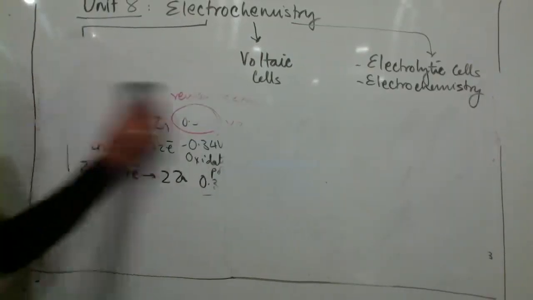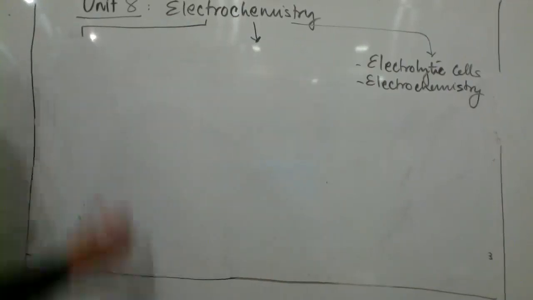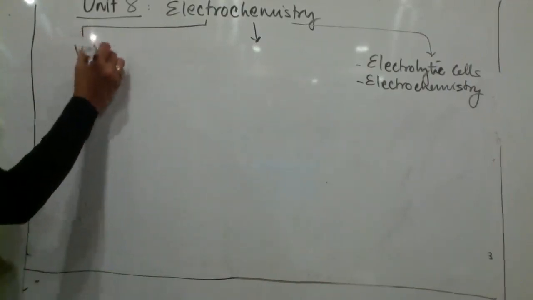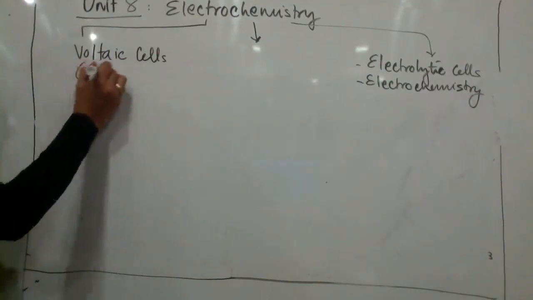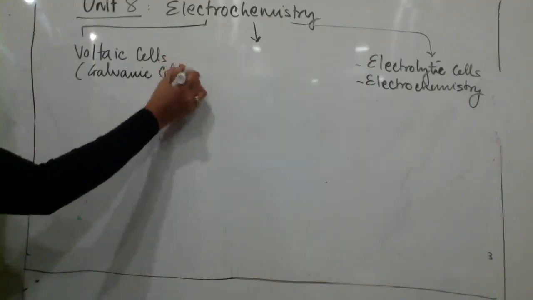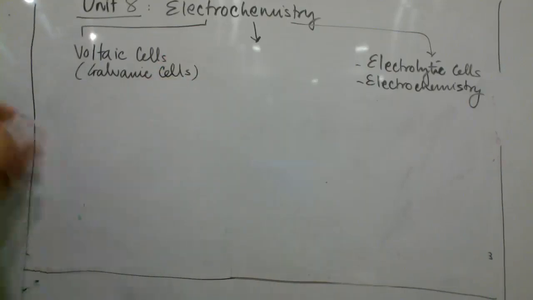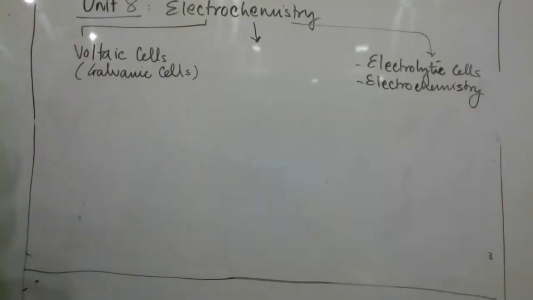Okay, so let's go now to voltaic cells. Voltaic cells are also called galvanic cells, and they are both named after their discoverers. There were 2 scientists that discovered this about the same time, so there's a contention in the scientific community. So some call it voltaic cell, some call it galvanic cell.